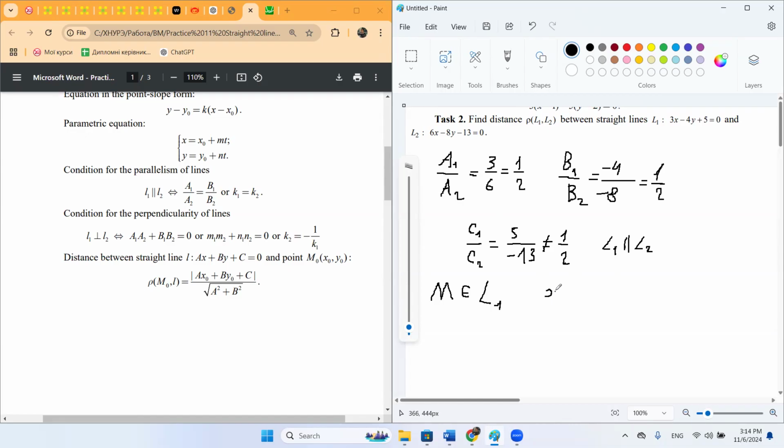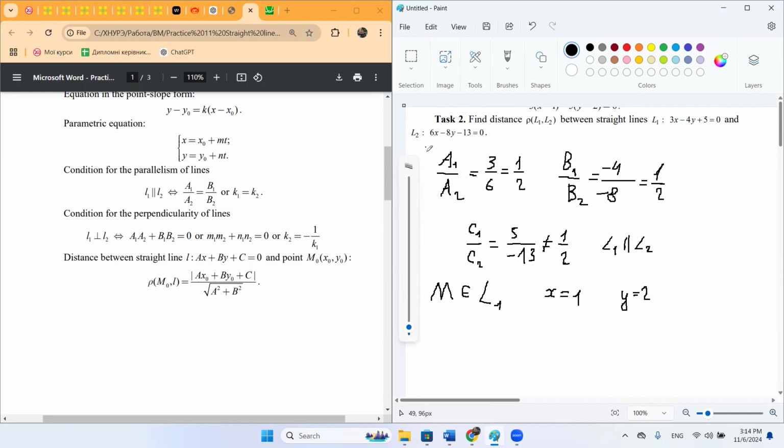So I take M from L1, and I assign x 1, and y will be equal to 2. Then we will have only whole numbers.